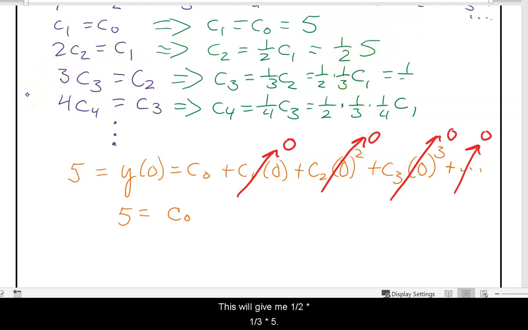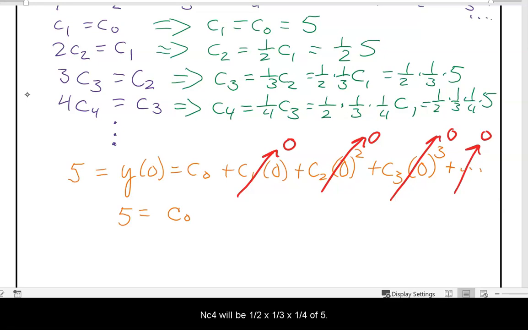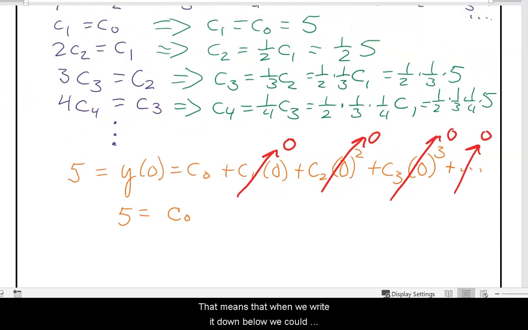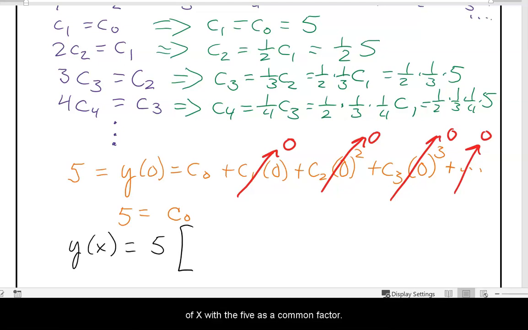This will give me 1/2 times 1/3 times 5, and C4 will be 1/2 times 1/3 times 1/4 of 5. That makes 5 a common factor. That means that when we write it down below, we could in fact factor out the 5 so that we can write y as a function of x with the 5 as a common factor.